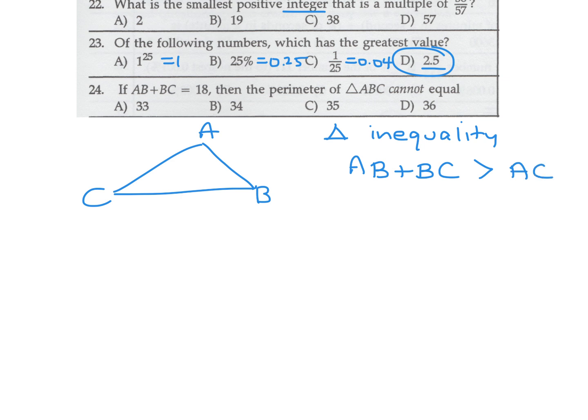So if AB plus BC is 18, then that means that AC has to be less than 18. It can't be, for example, 18, because if it was 18, then the perimeter would be 36, and that cannot be possible. All the others would be possible because you can make AC less than 18.